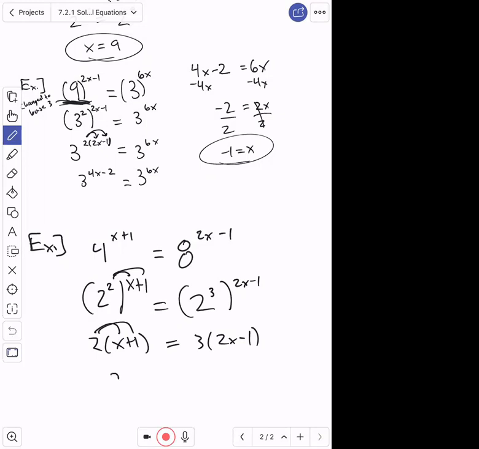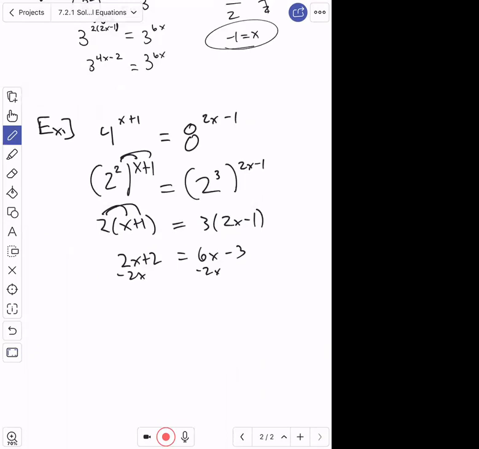It doesn't matter either way. It's not too ugly. x equals 5/4.